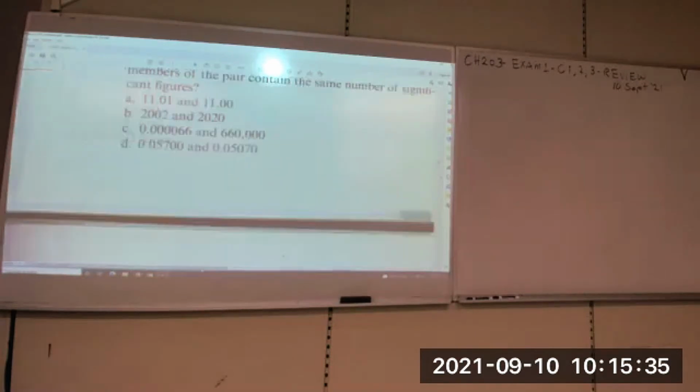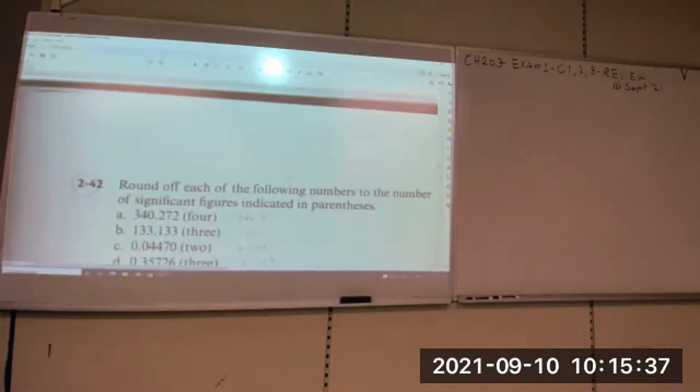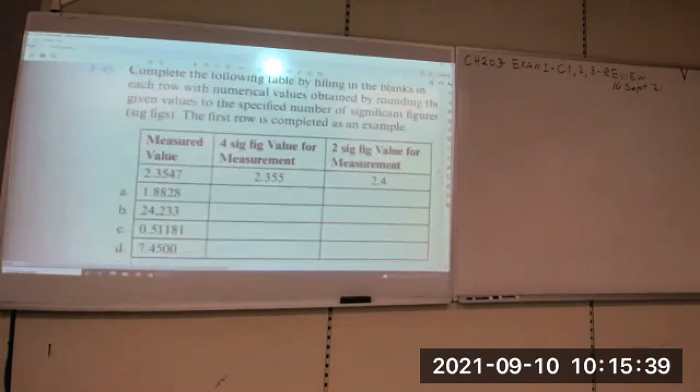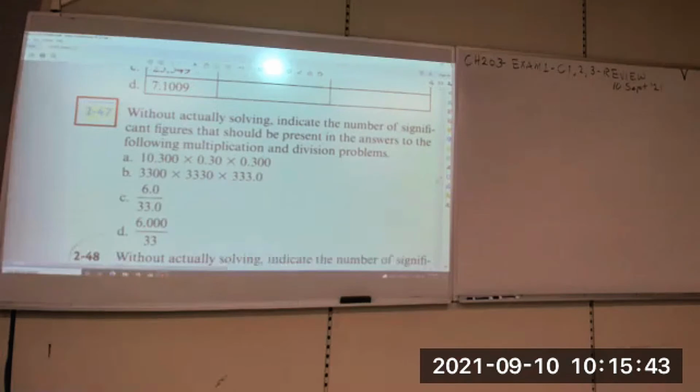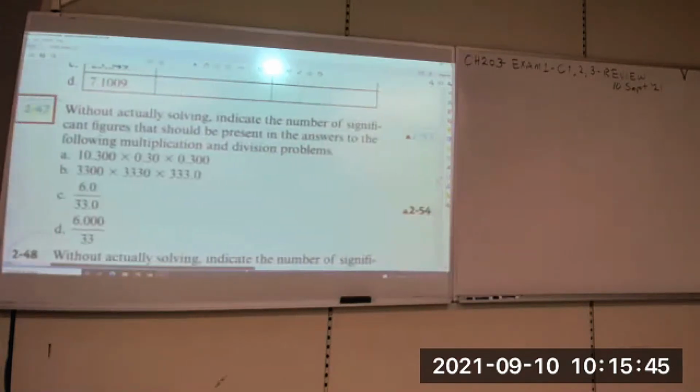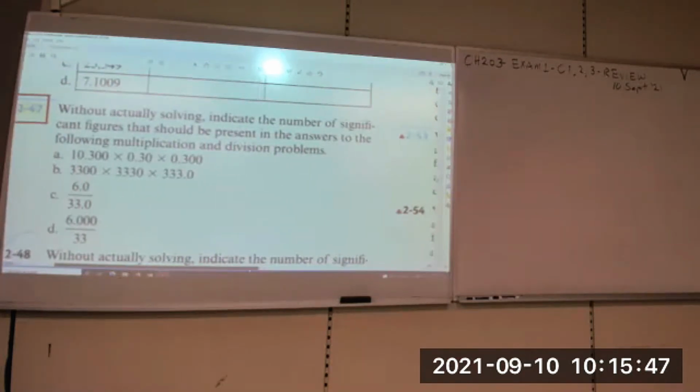Go back over to the left, pick up, keep them in numerical order. How about this one? Yeah, let's go over that. Without actually solving, indicate the number of significant figures that should be present in the answers to the following. Multiplication, division. Okay, that's important, because when they say without actually solving, the only operation that will work on is multiplication division.